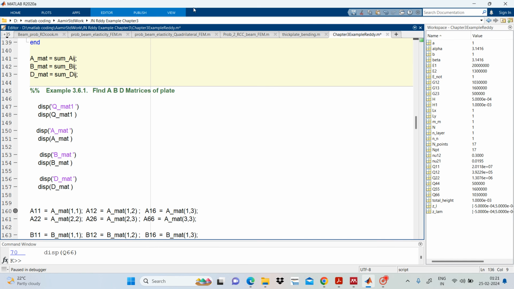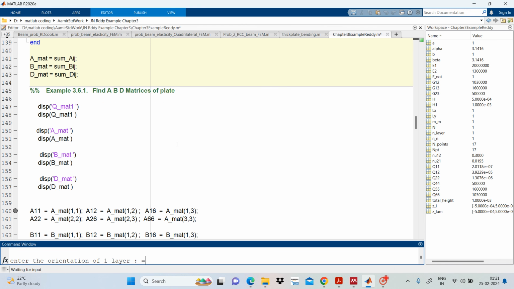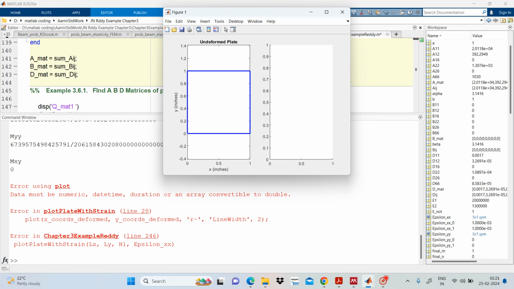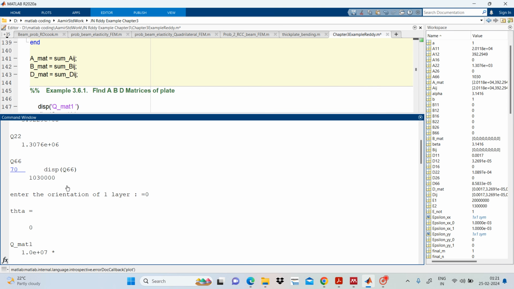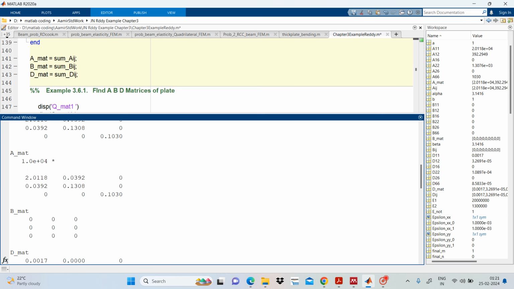So let's continue running. It is asking the orientation of the lamina. Only a single layer, so no orientation, 0 degree. Yes, we are getting the Q matrix as this, and the A matrix here, 2.0118 and so on.